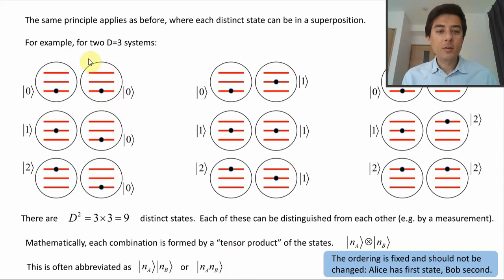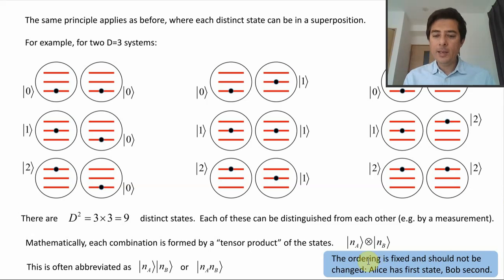Because that combination is a quantum state, I might as well label the whole thing together as a quantum state, and so I just put it inside a single ket here. Then we need 2 labels just to know which state we're talking about. So 0 0, 0 1, 1 0, and so forth.